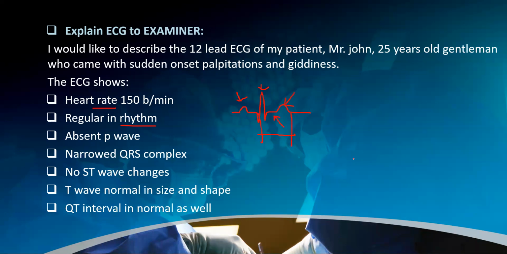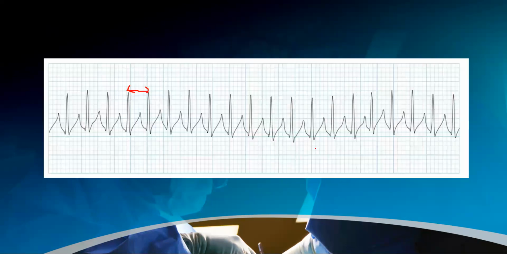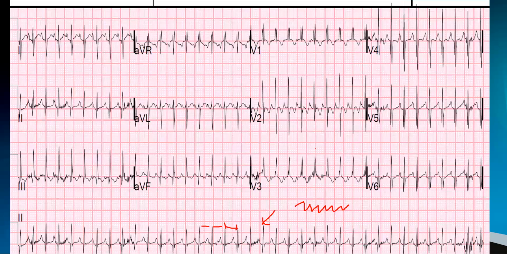So here you can say the ECG shows a heart rate of whatever heart rate you get, and you can easily say it to the examiner. Now, you will not get time to measure the heart rate in the exam, so it's very good to remember a trick.